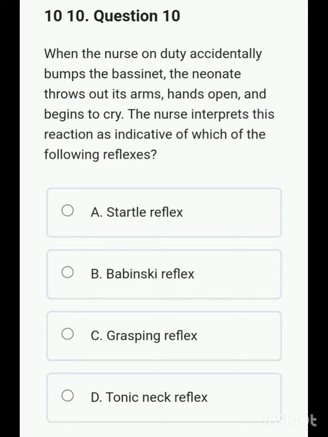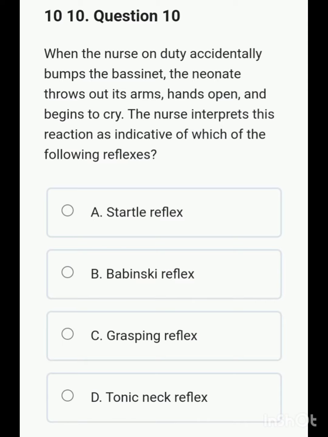Accidentally bumps the bassinet means the nurse accidentally hit the neonate's cradle. So when she bumped the cradle, the arms are opened, and the baby began to cry.